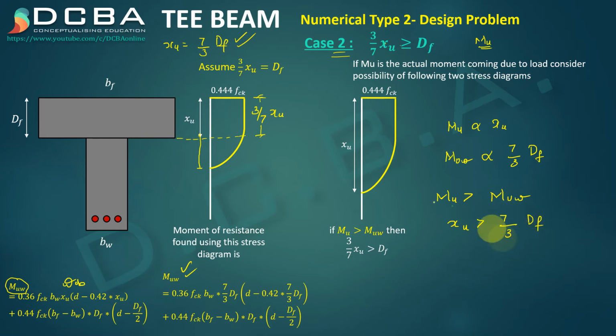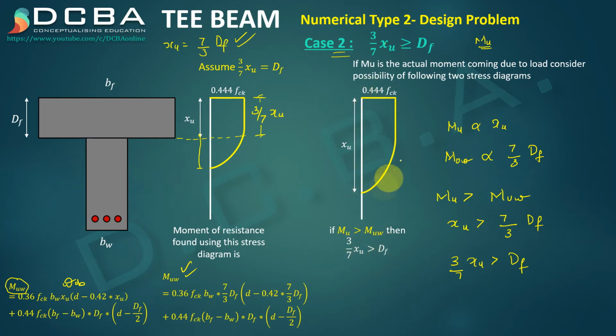And if I rearrange the terms, I get 3/7 XU is greater than DF, correct? So by comparing MU and MUW, I can understand whether 3/7 XU is greater than DF or not. First, in this case I am considering that MU is greater than MUW, and I got 3 by 7 XU greater than DF.